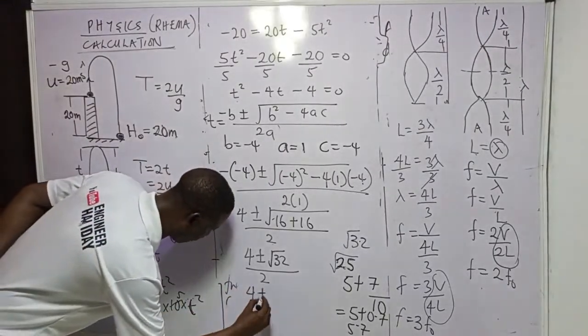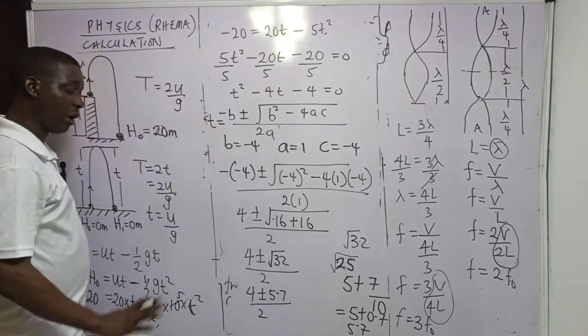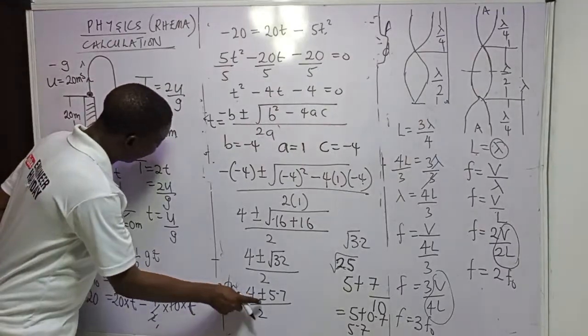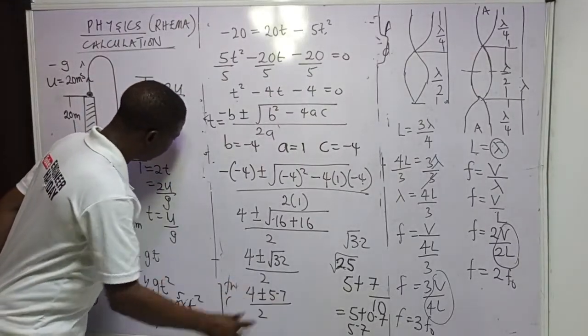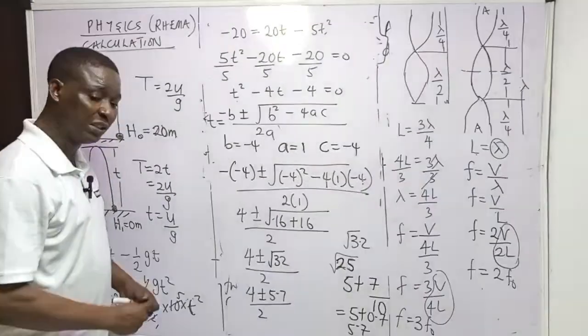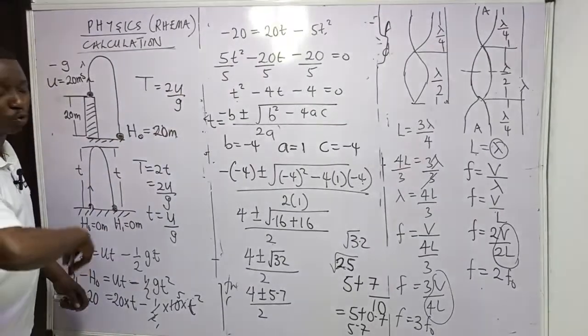So 4 plus or minus 5.7, divided by 2. Now, our answer, I will not use minus. You know why I will not use minus? 4 minus 5.7 is minus 1.7, which is not possible, for time to be negative. So I will throw that one away.